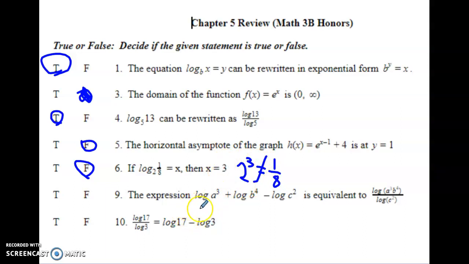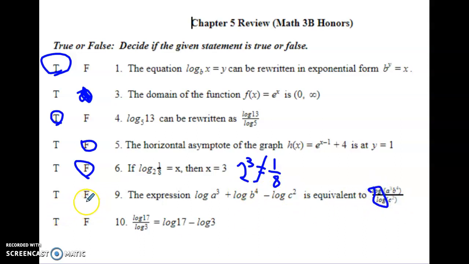The expression log a to the third plus log b to the fourth minus log c squared is equivalent to... Now this one's going to trick you because you're like, oh yeah, the plus means to multiply these together, and the minus means to divide them, but we do not write them with log over log.